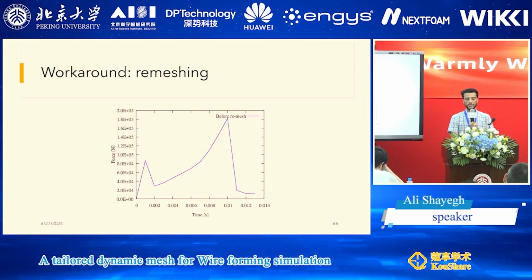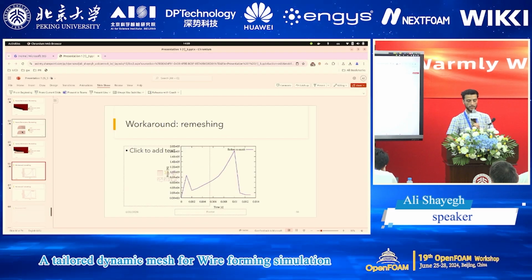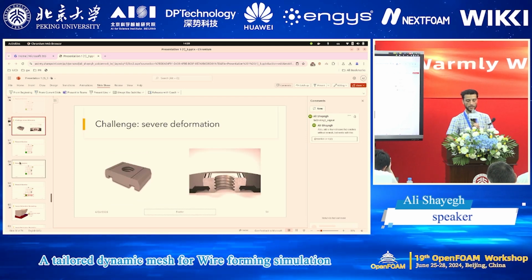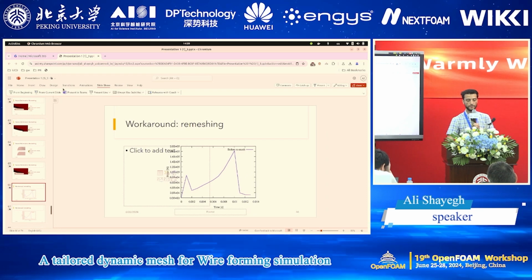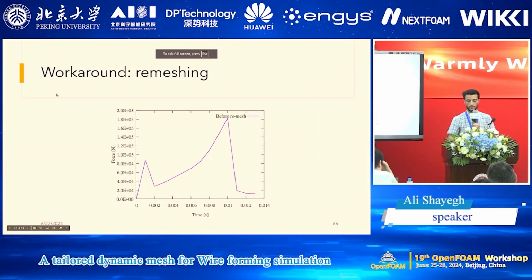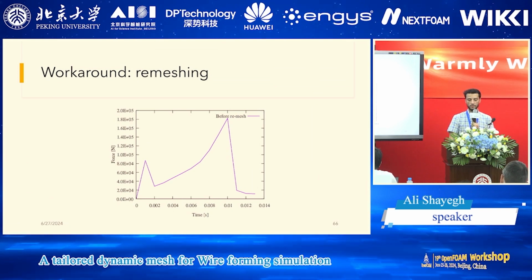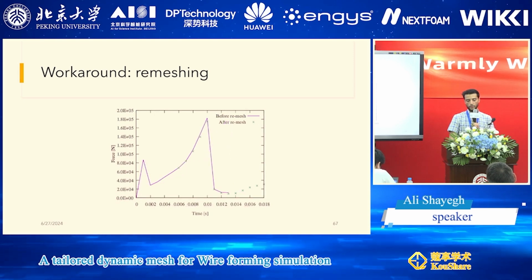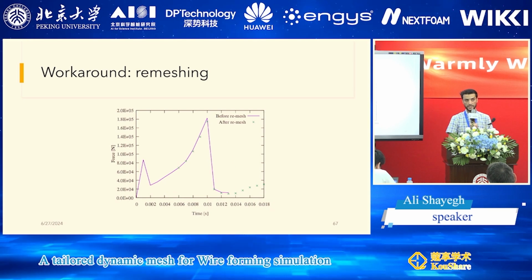We tried it for the pierced knot case that I showed here. This was the pierced knot that is our main challenge in this case. We tried this method on this case, and without remeshing, the simulation crashes before we reach steady state. We added remeshing, and we still have not reached steady state.